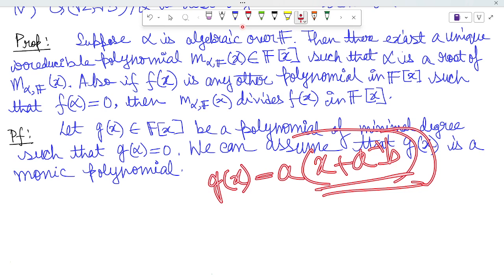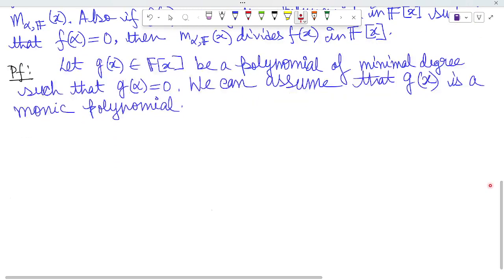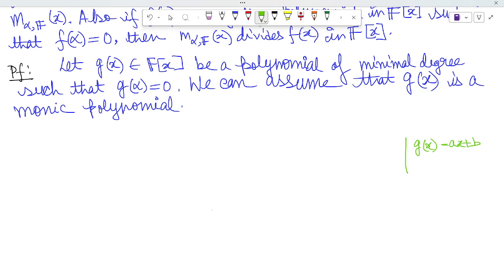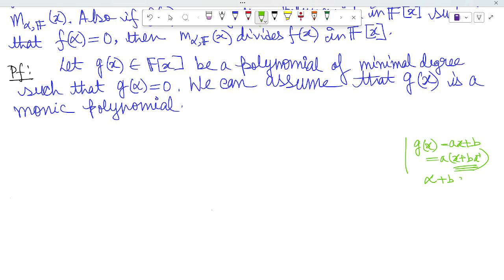If g(x) is ax plus b, then take a common to get x plus b a inverse. That thing still has alpha as a root: if you put alpha plus b a inverse, a is invertible here.